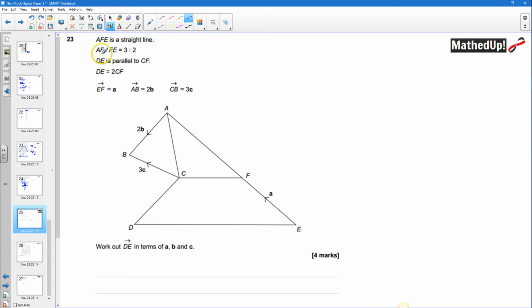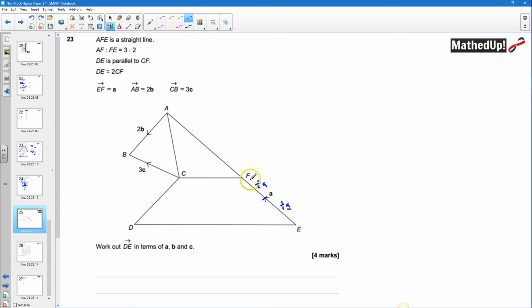I do know that AF to FE is in the ratio 3 to 2. So if F to E is worth 2 parts, then A to F is worth 3 parts. So the vector A, if that represents 2 parts, then that's going to be a half of A, and that's a half of A. So that's worth 1 part.